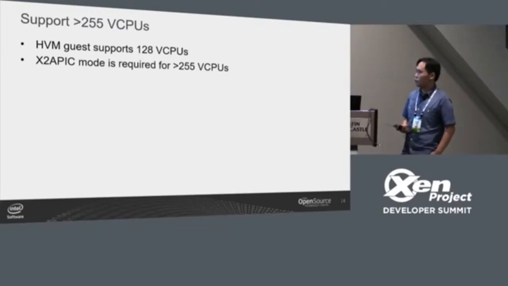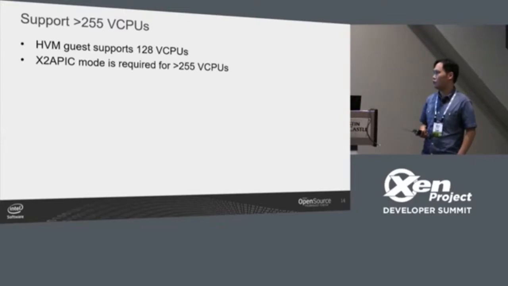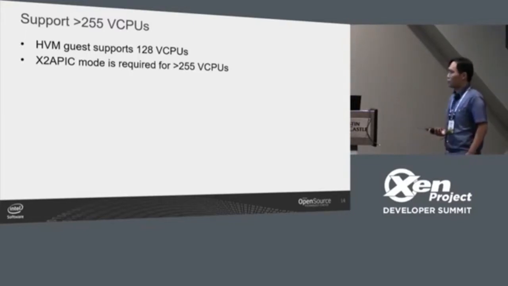Legacy xAPIC mode just supports an 8-bit APIC ID, which limits the vCPU numbers. It can support 255 vCPUs at most, since one APIC ID is reserved for the broadcast ID. x2APIC mode can support a 32-bit APIC ID, which increases the supported CPU count.